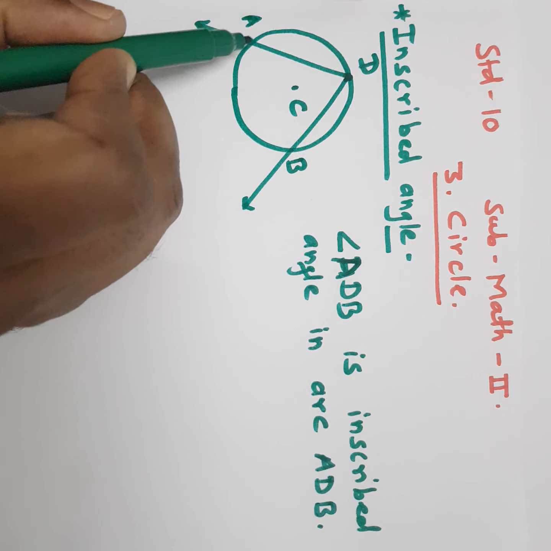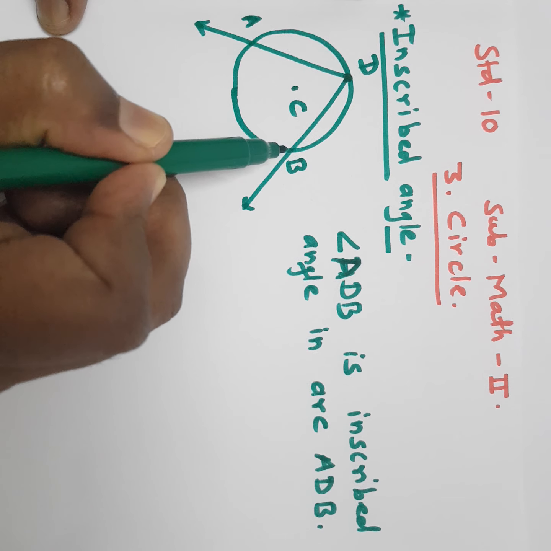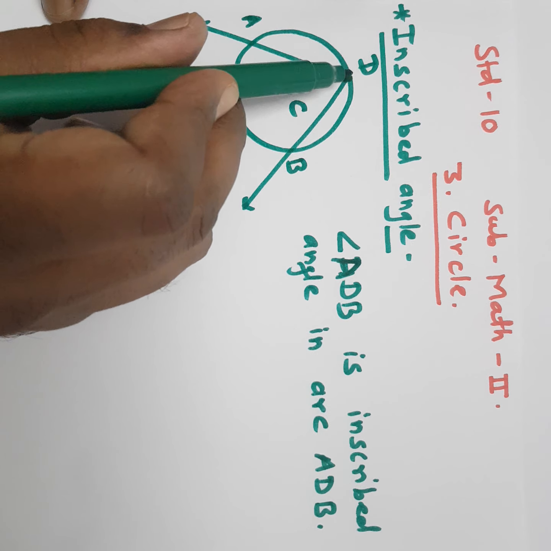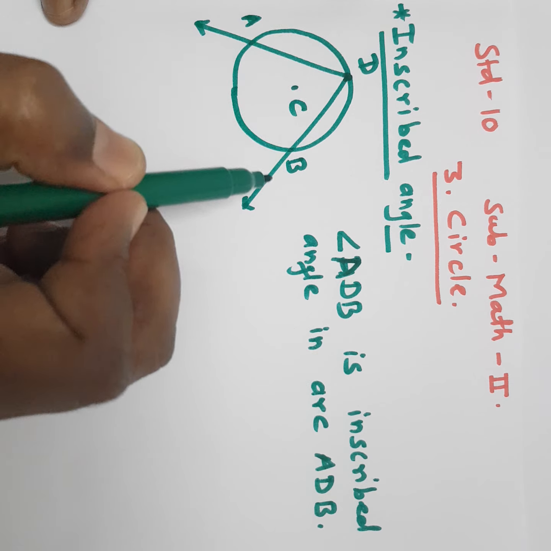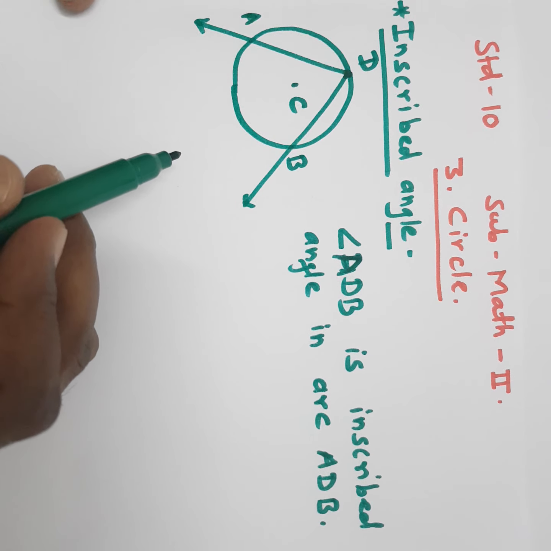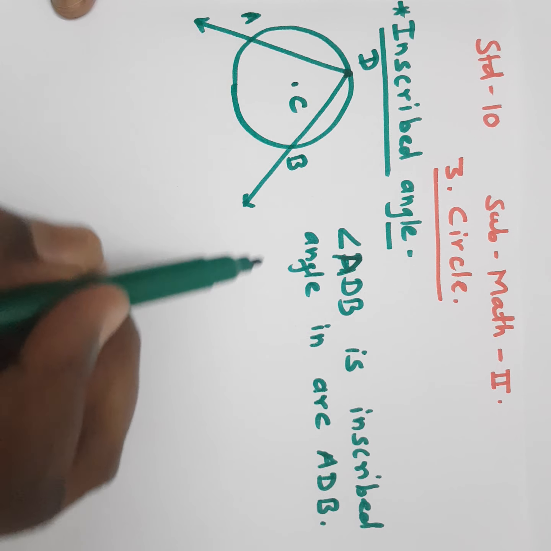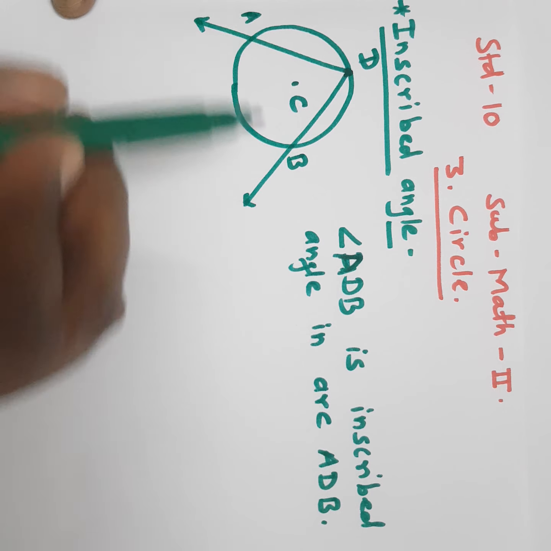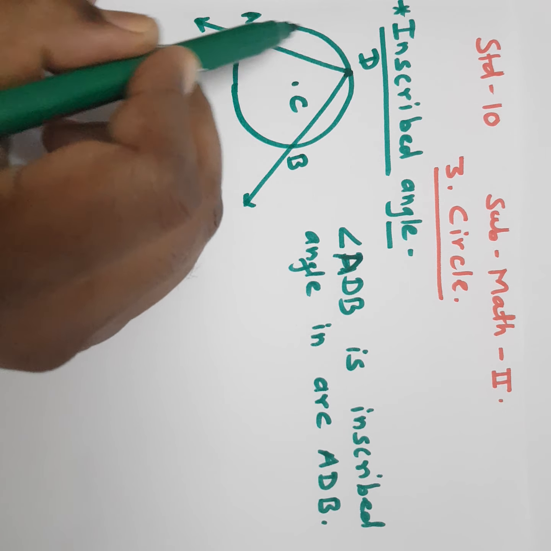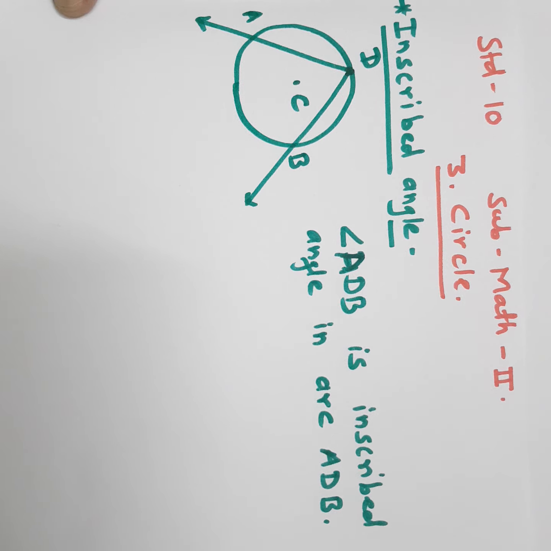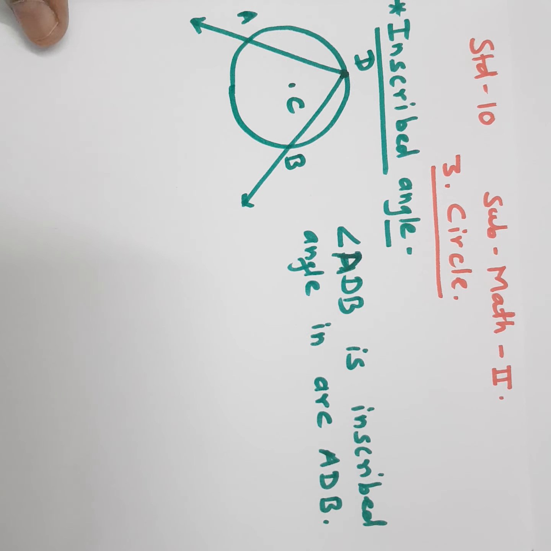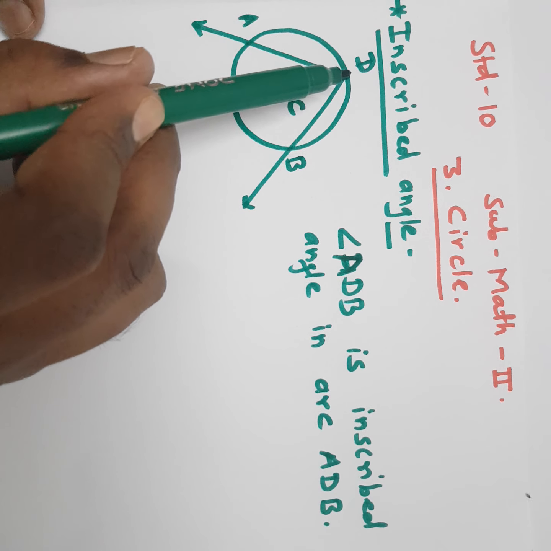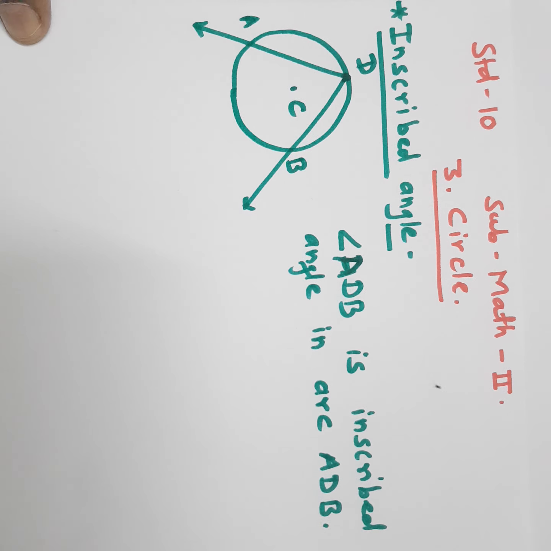Here arc ADB is in the exterior of the circle, but the point D, the vertex of the angle, is present on the circle. In this condition angle ADB is called an inscribed angle in arc ADB. This means the condition for an inscribed angle is that the vertex of the angle must be on the circle.